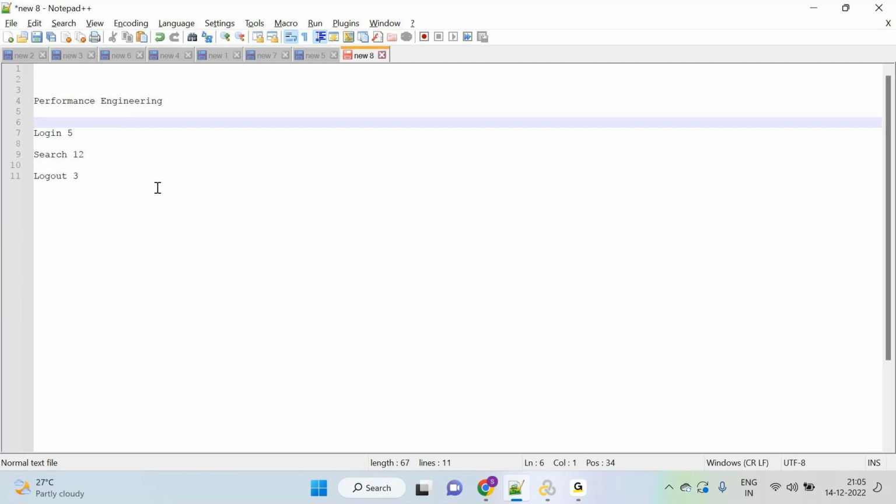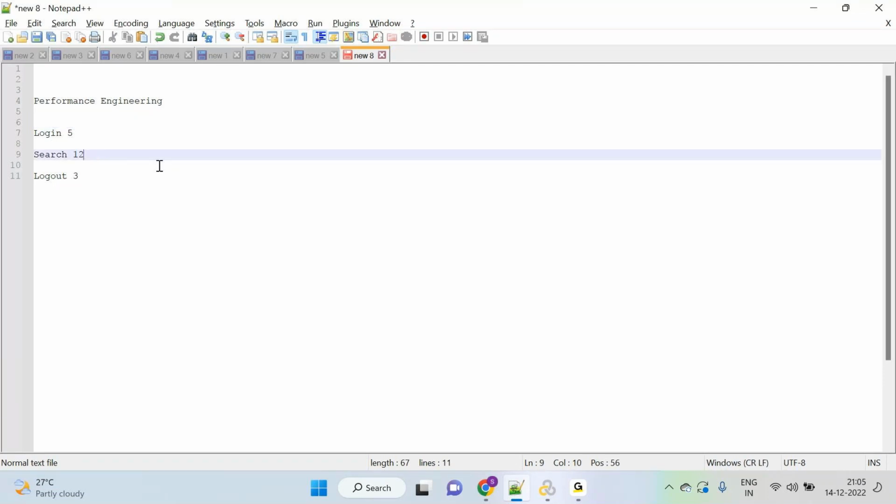Engineering means something different. Say somebody reports 12 seconds as the response time for the search transaction.